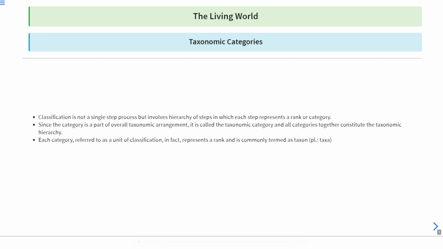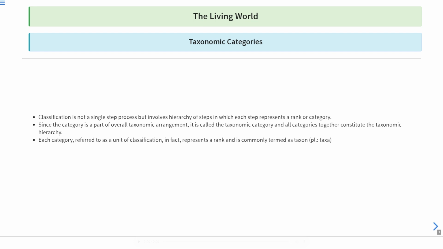In each step there is a rank or a category. Every step is given a rank or a category.